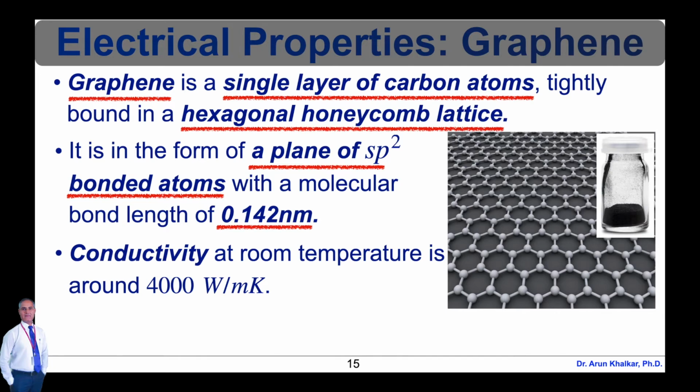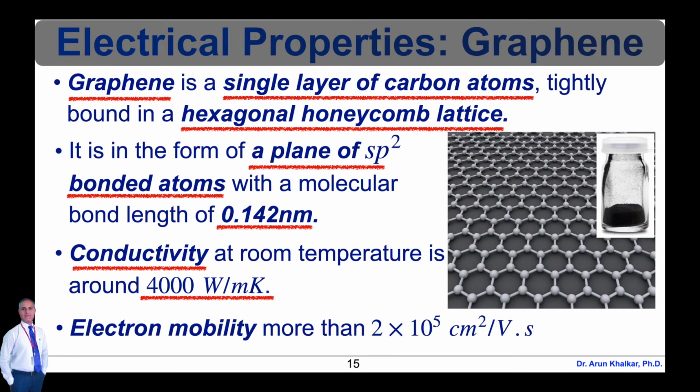It is the best conductor of heat at room temperature, around 4000 watt per meter kelvin. It is also the best conductor of electricity known. Studies have shown electron mobility values of more than 2 times 10 raised to 5 centimeter square per volt second. Other notable properties of graphene are its uniform absorption of light across the visible and near infrared parts of the spectrum.